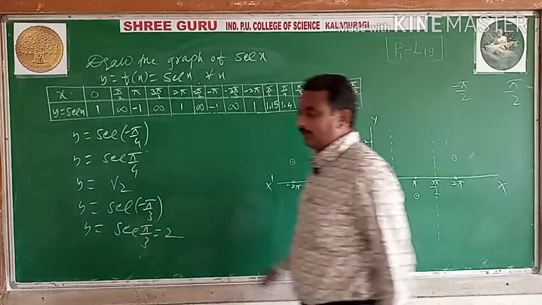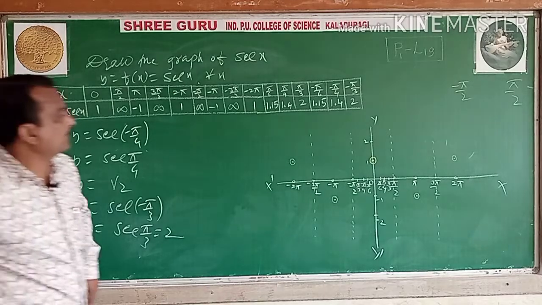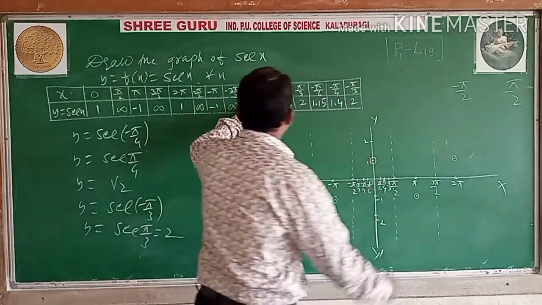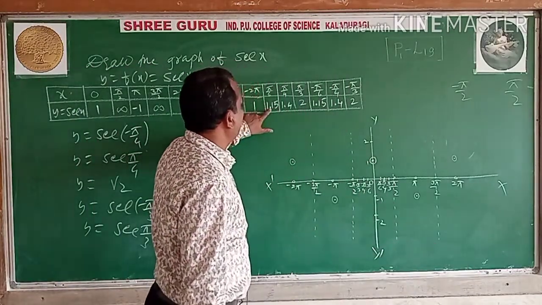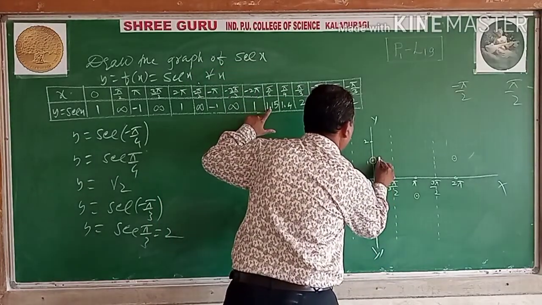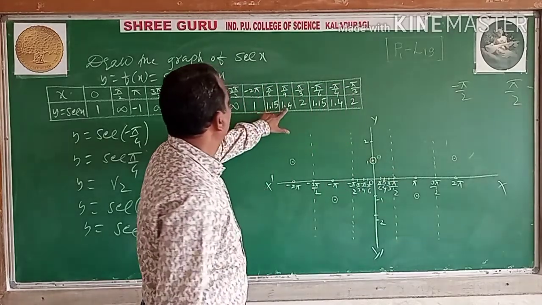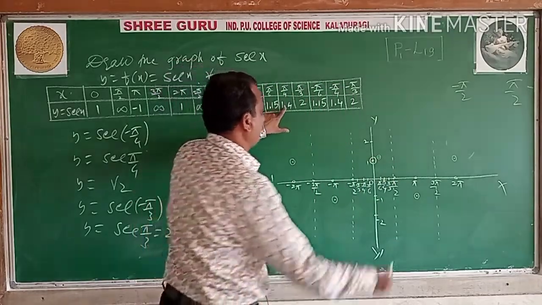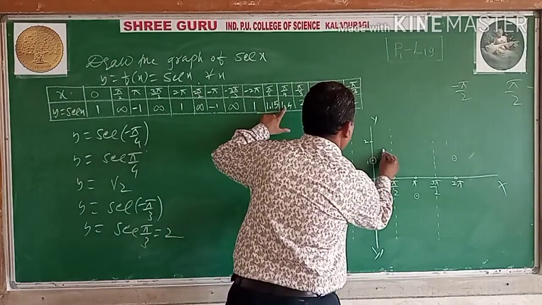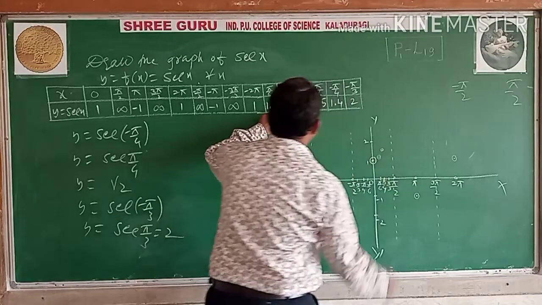Let us draw the graph here. When pi by 6, it is 1.15. When pi by 4, it is 1.4.